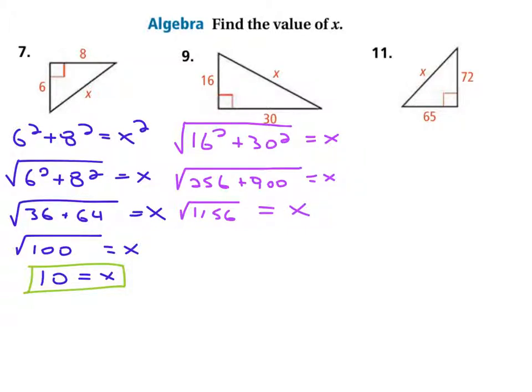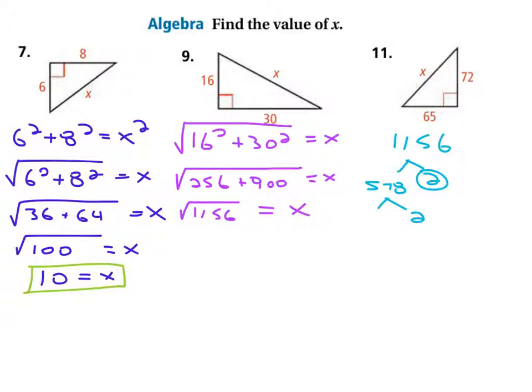Now, over here on the side, I'm going to just do this 1156. I don't know what we're going to get there. I haven't done this yet. But if I wanted to use my calculator, I could divide 1156 by 2. Then when I break that down, I get 2 times 578.